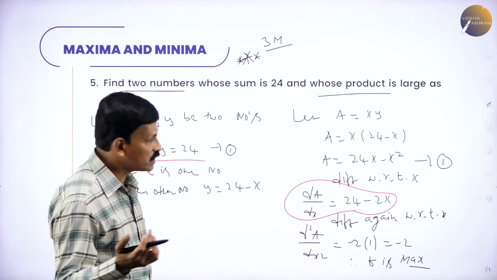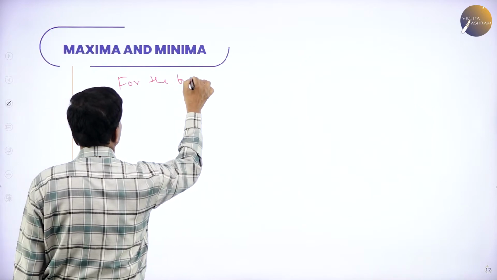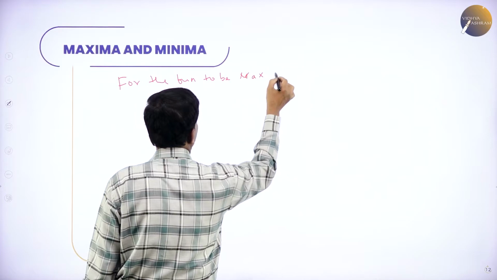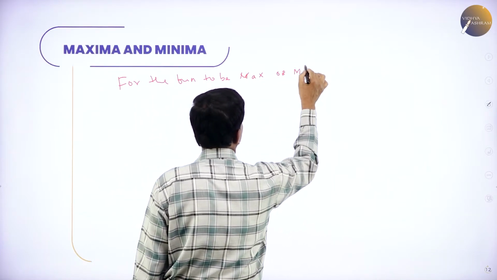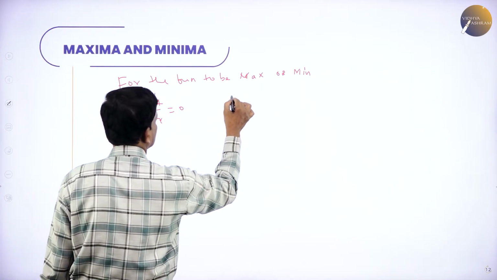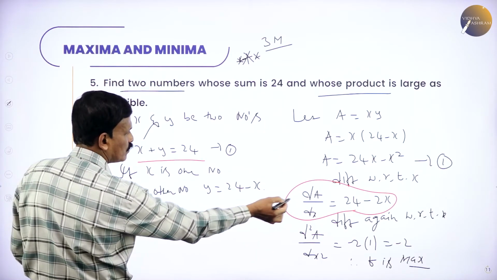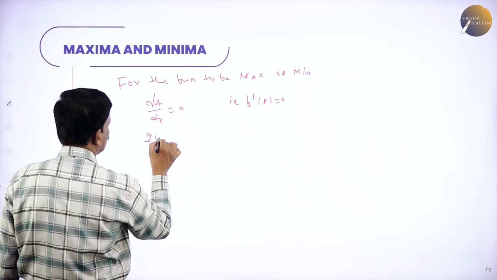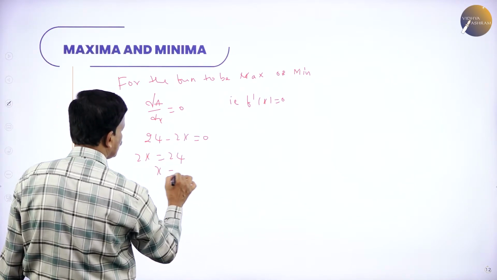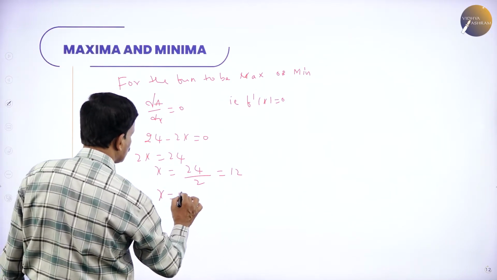Now let us come to the next page. For the function to be maximum or minimum, what is the condition? dA by dx is equal to 0, that is, f dash of x is equal to 0. What is dA by dx? 24 minus 2x. 24 minus 2x is equal to 0, which implies 2x is equal to 24, x is equal to 24 by 2, which is 12.